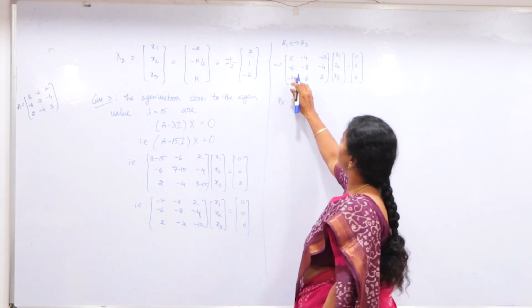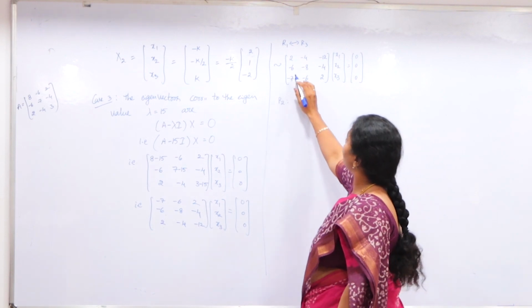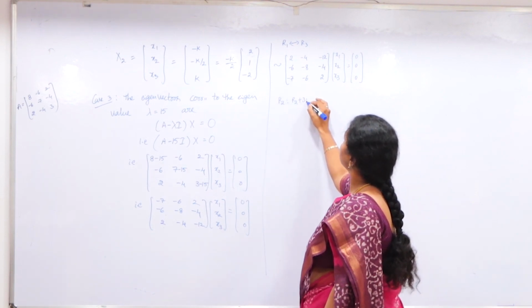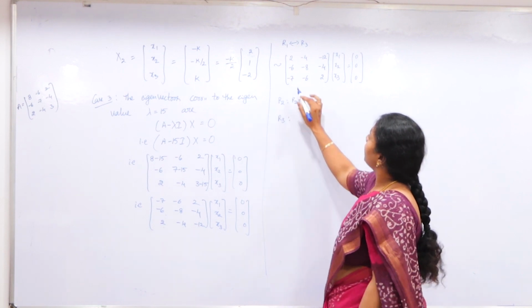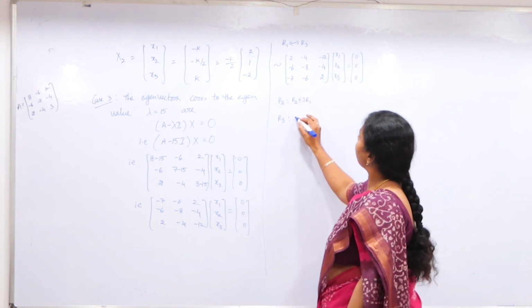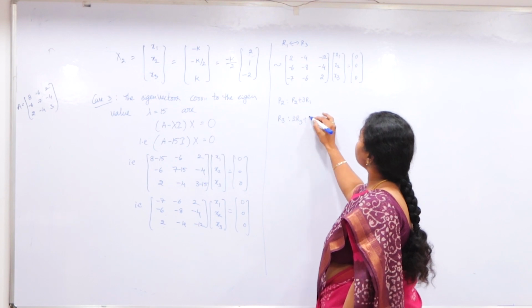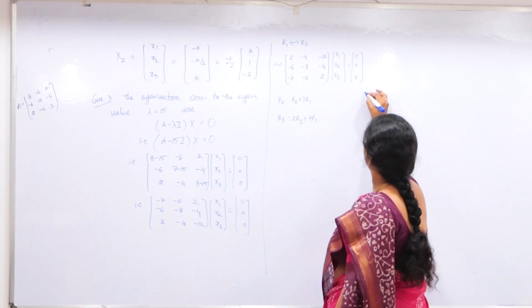Next, change minus 6 as 0 and minus 7 as 0. So, what is the row operation? Second row operation, R2 plus 3R1. Next, R3: first row contains 2, third row contains minus 7. So, multiply R3 with 2. 2R3 plus 7R1. That is first one, R2.